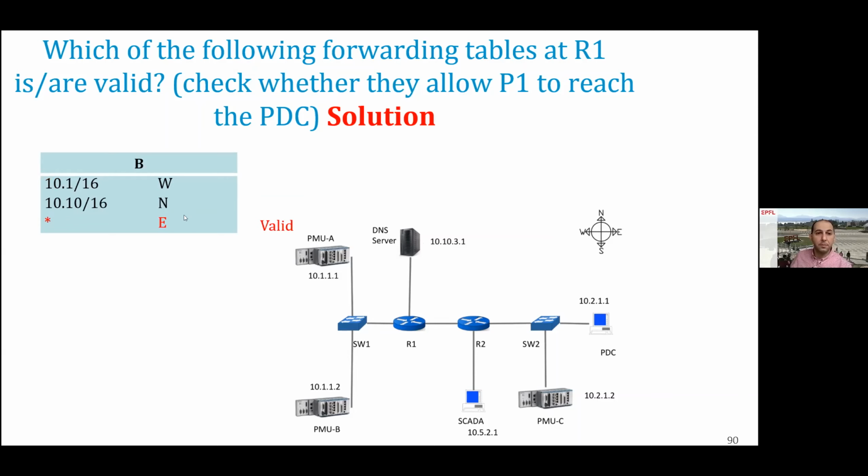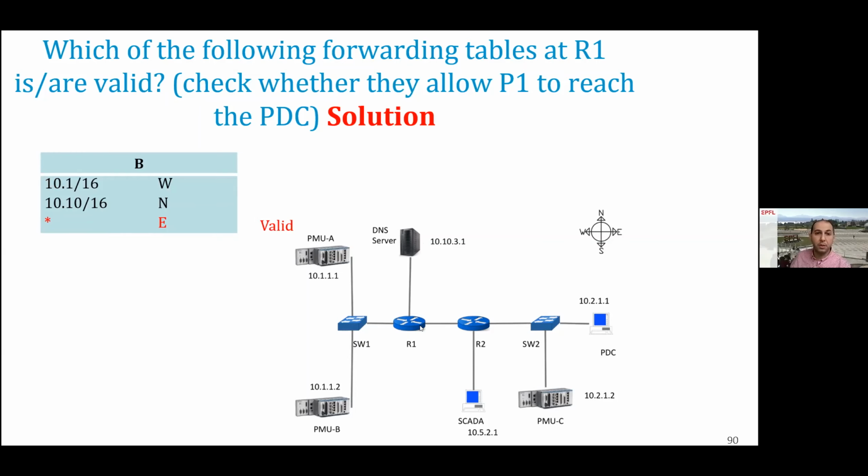Second table. We don't have a match with the first entry. We don't have a match with the second entry. We have the default gateway. And the default gateway says that the packet should go to the east, which is true because this is where we need to forward the packet.